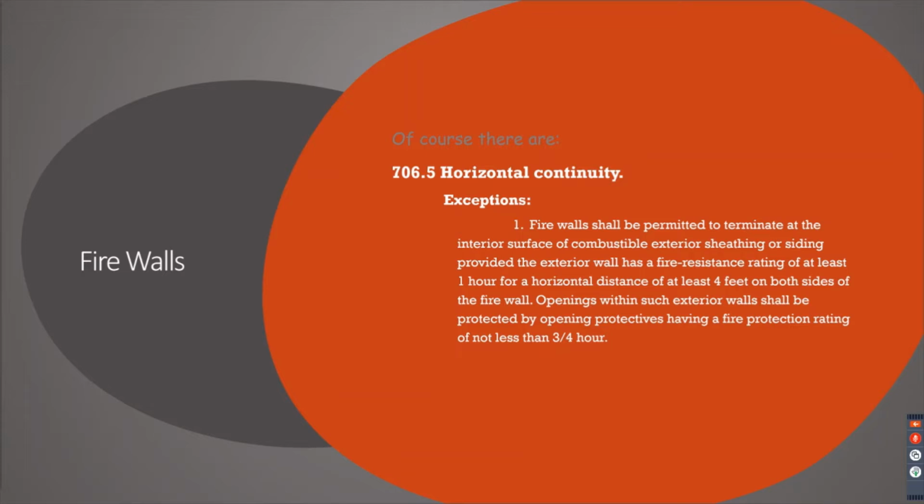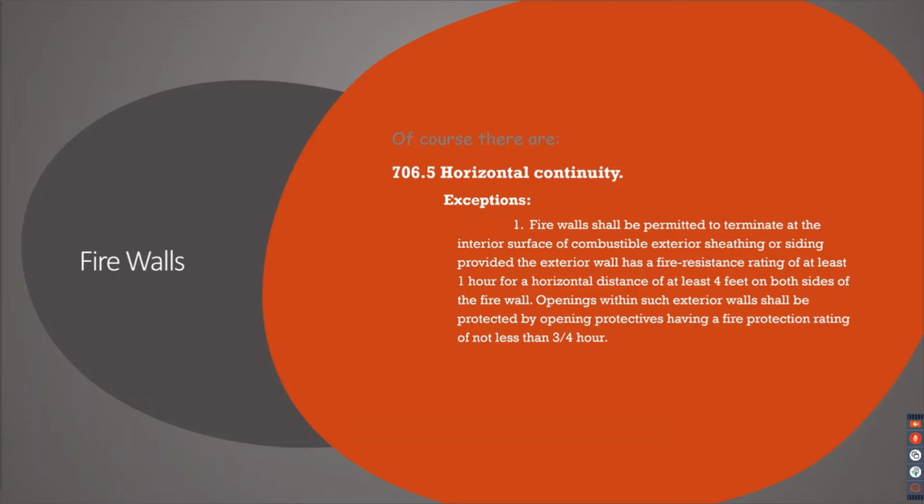So some exceptions, instead of extending 18 inches beyond the exterior, exception 1, firewall shall be permitted to terminate at the interior surface of combustible exterior sheeting or siding, provided that. Provided is a big word, and people in the academy know when we see provided, they underline it, circle it, so it stands out that you can do this if you do these other things that follow.